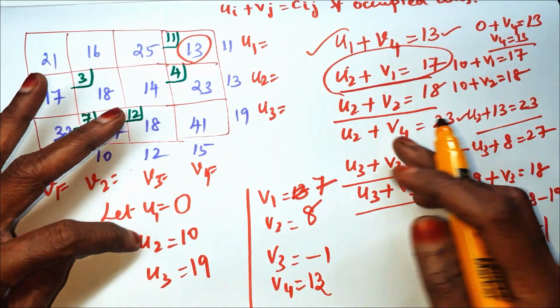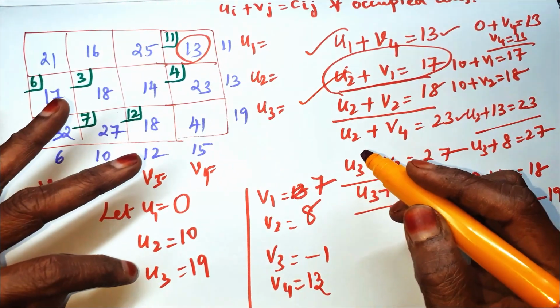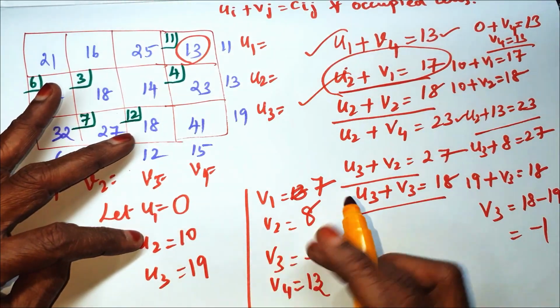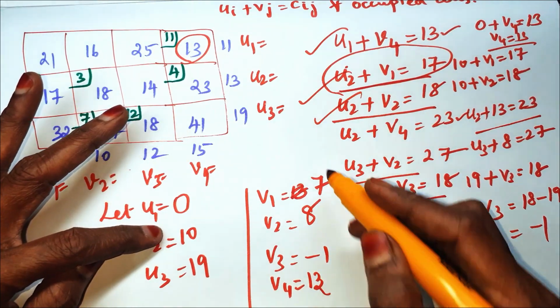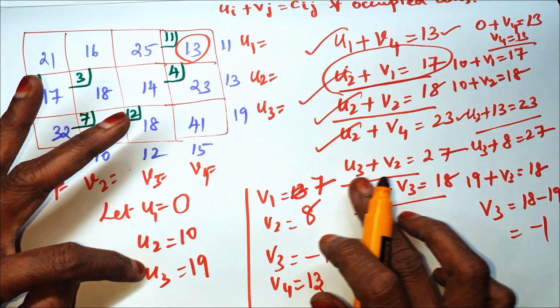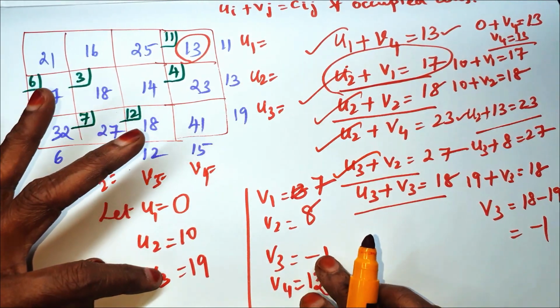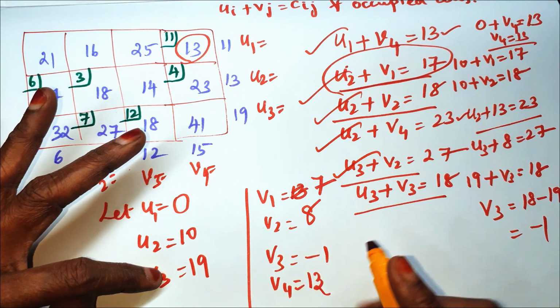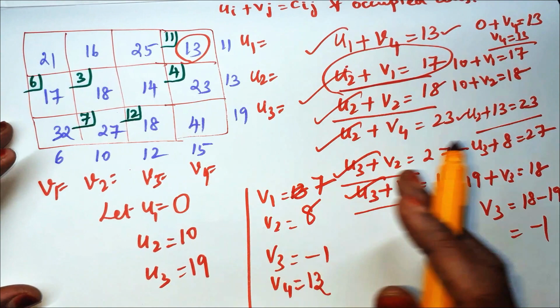Next one is u2 v1, 10 plus 7, 17. u2 v2, 10 plus 8, 18. Then u2 v4, 23. Then u3 v2, this is 27. Then u3 v3, 19 minus 1, it is 18. So whatever values we got, those values are correct.